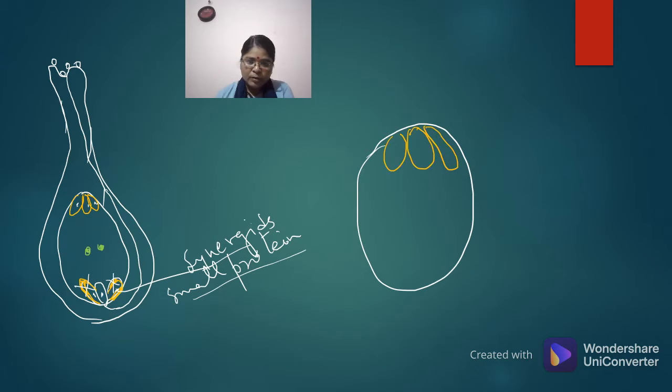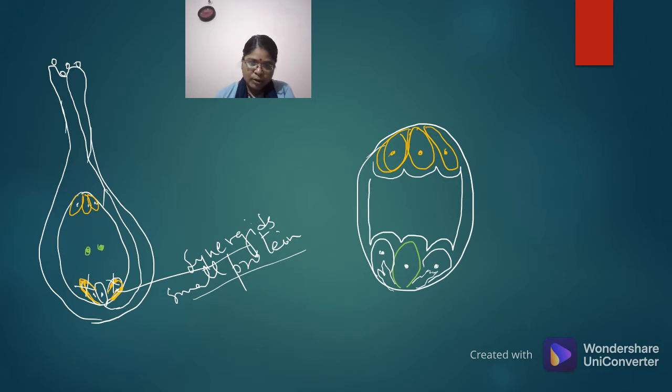It did not come out well, but still I will try. In the center you can see this is your egg, and it has two synergids. Synergids have a filiform apparatus, and they have a haploid nucleus. In the center you have the central cell, which I'm drawing for you, having two polar nuclei.